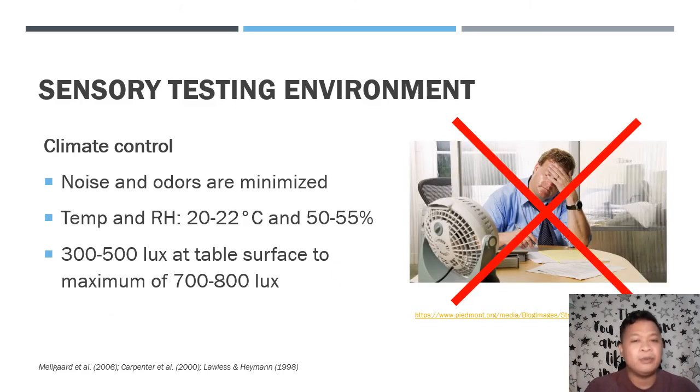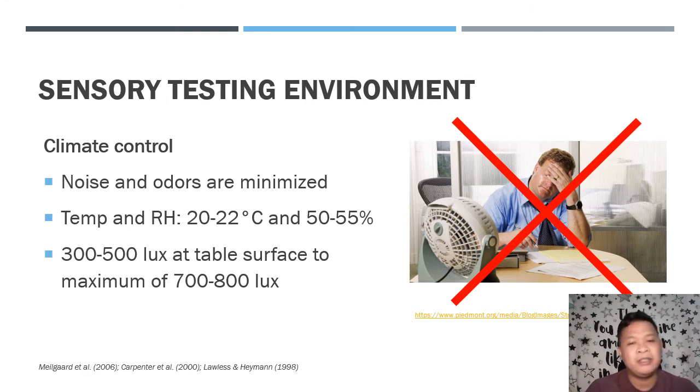So in general, we'd want to have a very comfortable environment when doing sensory evaluation testing. This usually applies to the panelists. So a temperature of around 20 to 22 degrees Celsius and 50 to 55% humidity. So, well, actually in the Philippines, since we're not really fans of the cold, even 25 degrees Celsius would be a bit fine. Sanay tayo dyan.